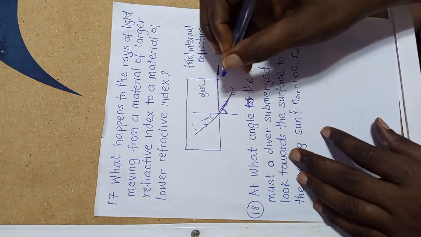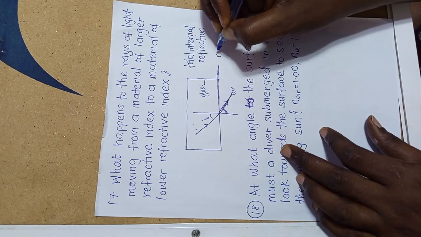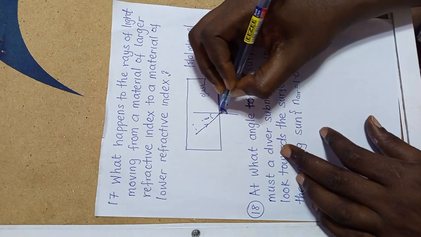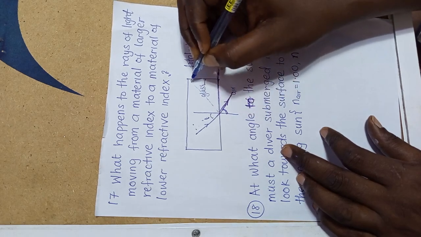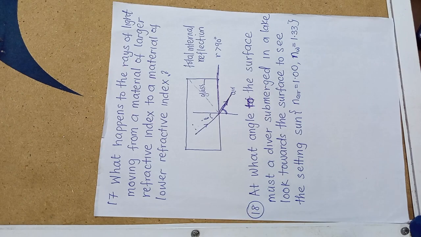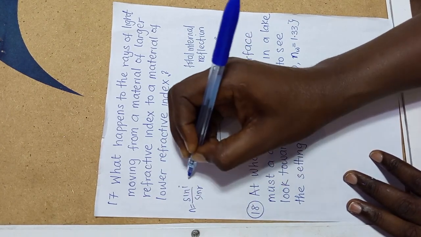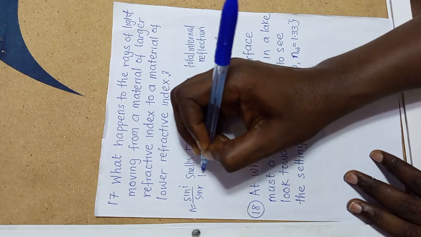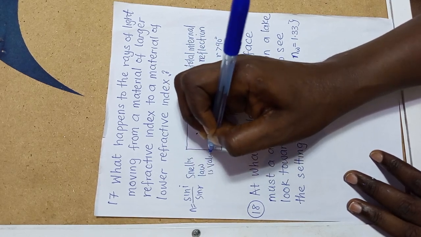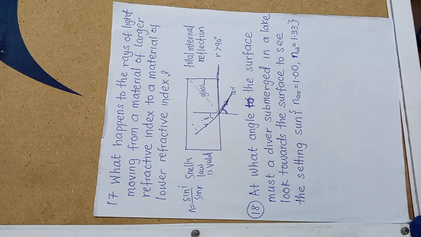Snell's law is valid even though the refraction is greater than 90 degrees, so to send the ray back inside the glass, sine i over sine r is still valid. So Snell's law is valid during total internal reflection. Then don't forget that the incident angle must exceed the critical angle for total internal reflection to occur. These are things you must know.